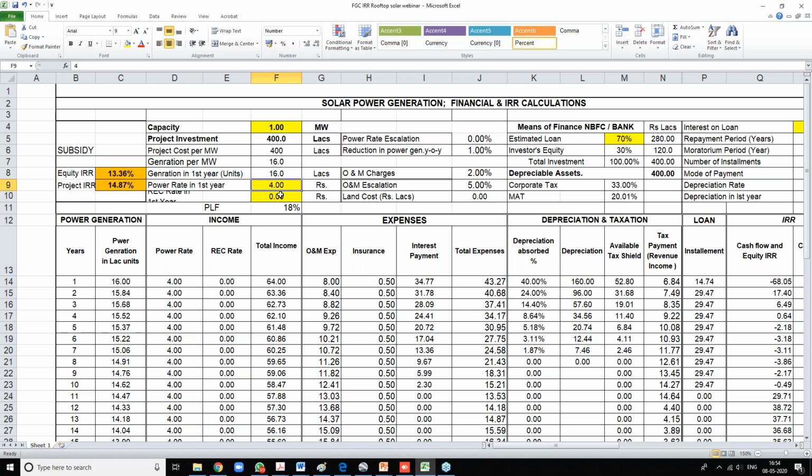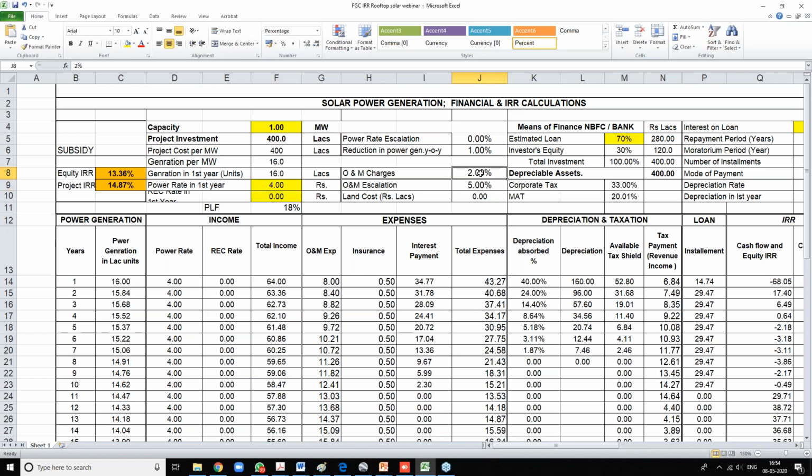There are other assumptions also. I will just show you. There might be a situation where you can put a clause of year-on-year escalation in the tariff. There will be generation degradation in the panels, and you can consider 1% degradation flat on a year-on-year basis in your plant.